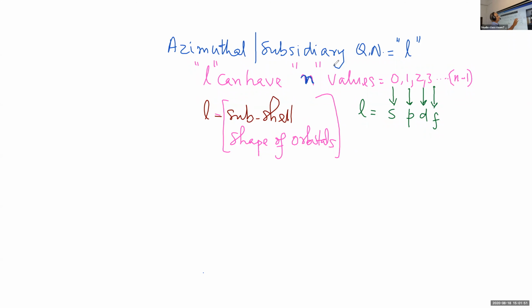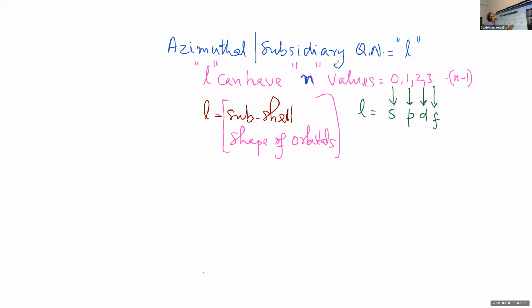If L is equal to 0, it is an S subshell. If L is equal to 1, it is a P subshell. If L is equal to 2, it is a D subshell. Then L is equal to 3, it is an F subshell. If we get the subshell, immediately we can say the shape of the orbital also.